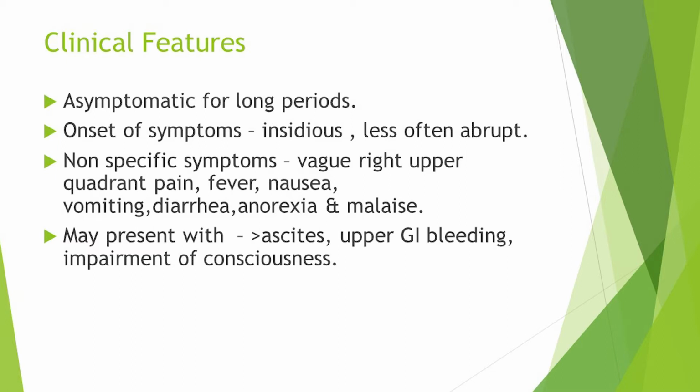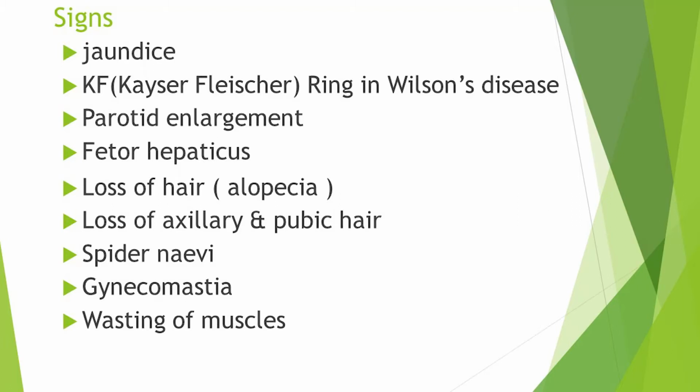But sometimes the patient comes with complications. If the patient comes with abdominal swelling, hematemesis, or melena, we can suspect that the patient may have cirrhosis of liver. Let us see the signs of cirrhosis of liver.